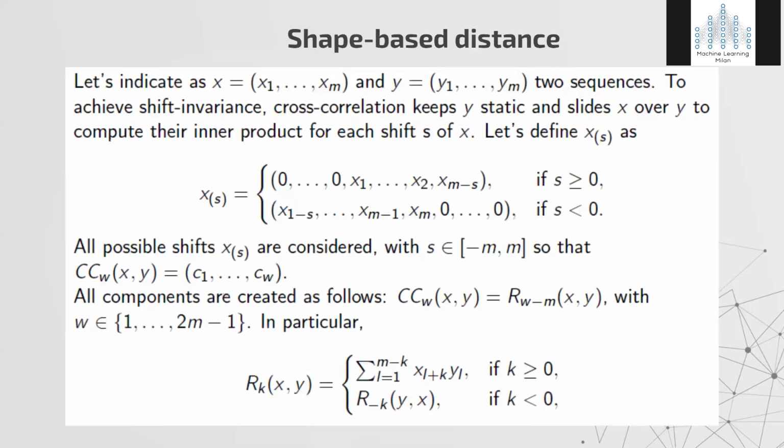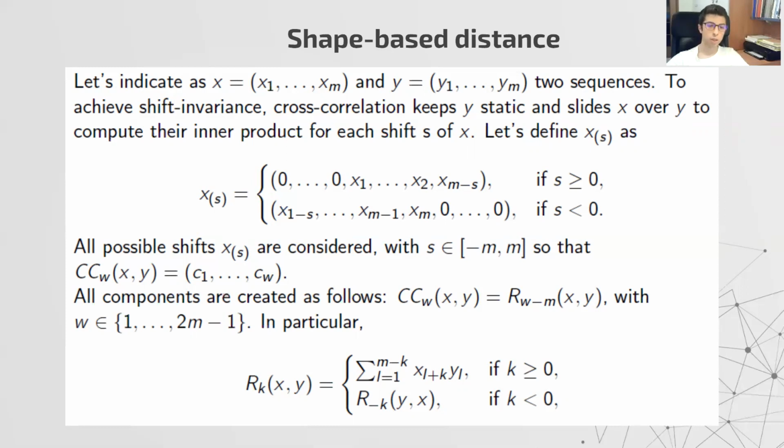It's like you are taking a time series and you shift the other one, and each time you compute the correlation in the end. Exactly. So you want to see if, by shifting the different time series, you can obtain a good correlation between them. Exactly.